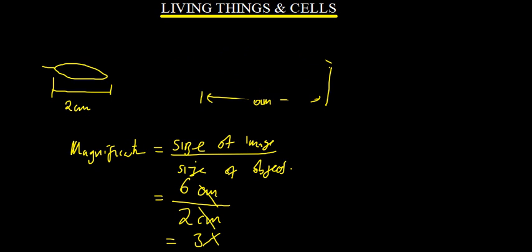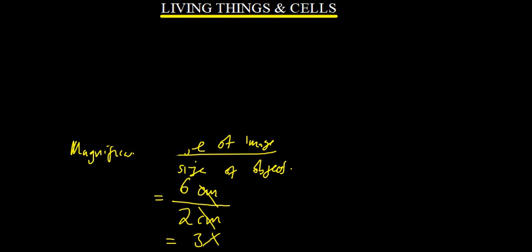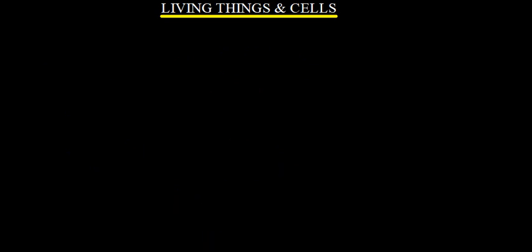Okay. Now let's just talk about the cells and then we'll be able to conclude. When you're talking about cells, you have got cells which are found in a plant and cells which are found in an animal. These have got some features which are similar and some other features which are different. I'm going to write an animal cell here and a plant cell this side.